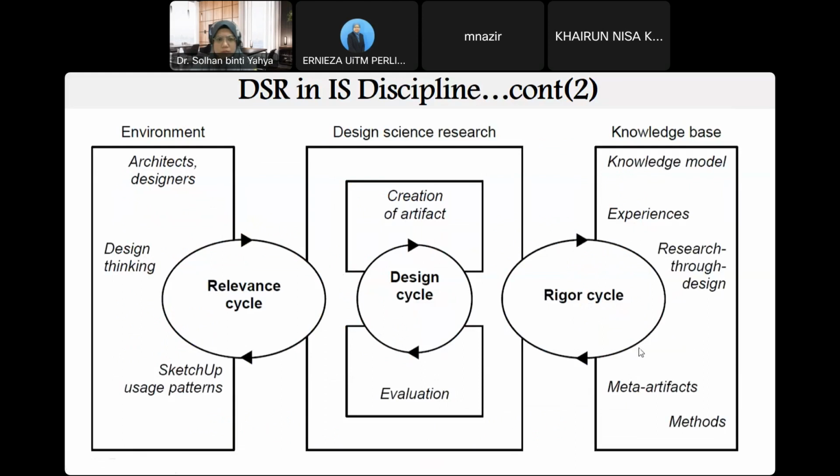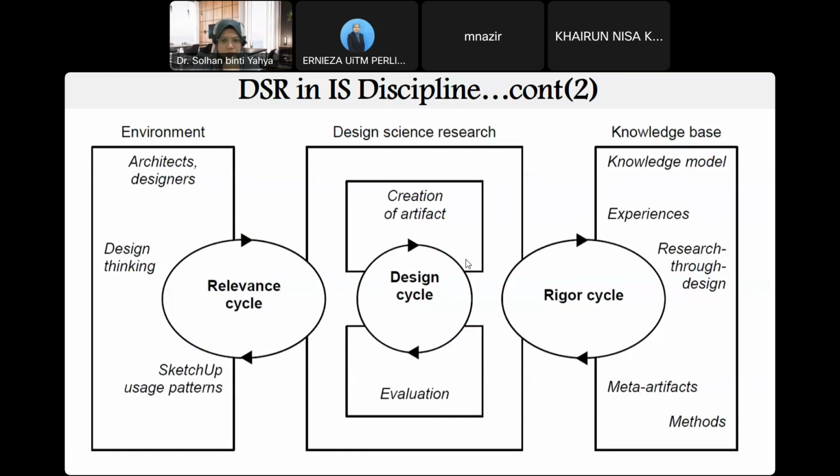So there are three important cycles. The first one is the relevance cycle. This is how your research program starts, from the environment. Then the design cycle. This is how you build your solution. Then you can position or make a claim during these activities.